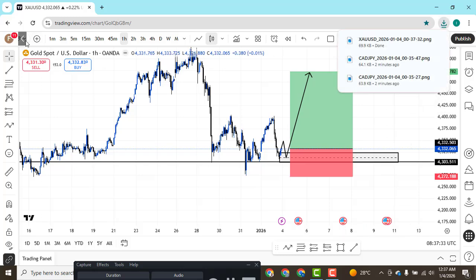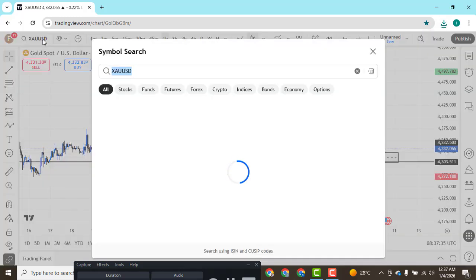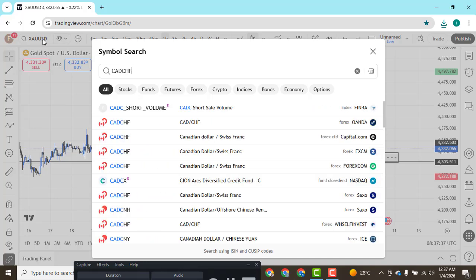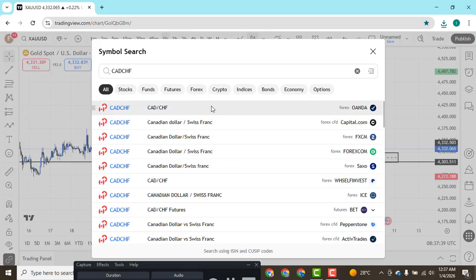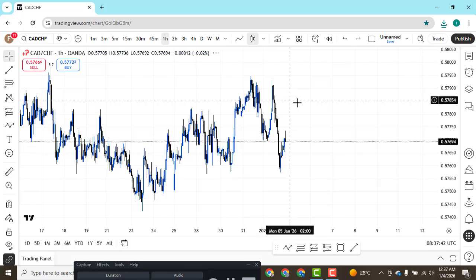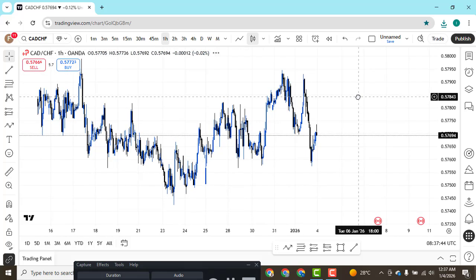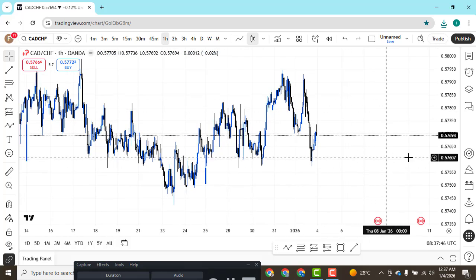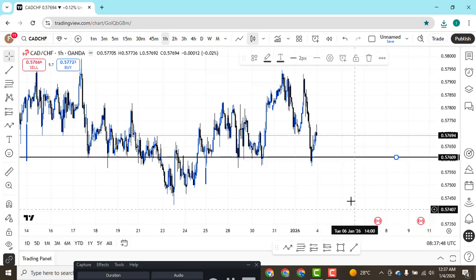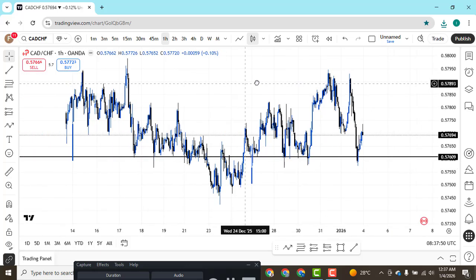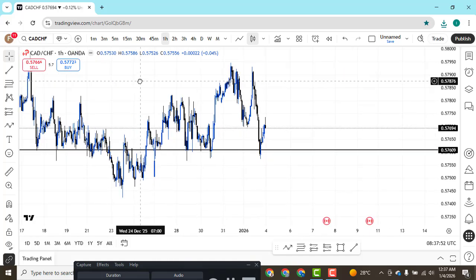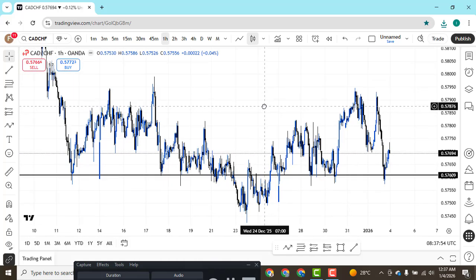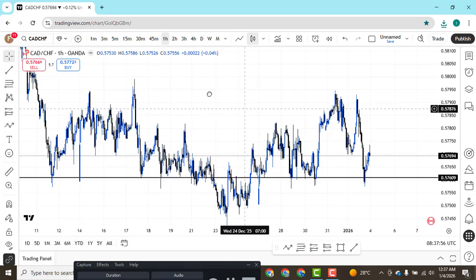Now let's go to CADCHF. These are my favorite pairs. If you check, this is a key level for CADCHF. You can decide to buy CADCHF from here.